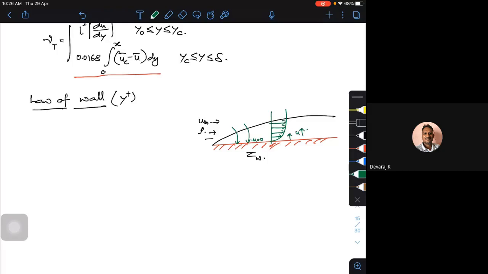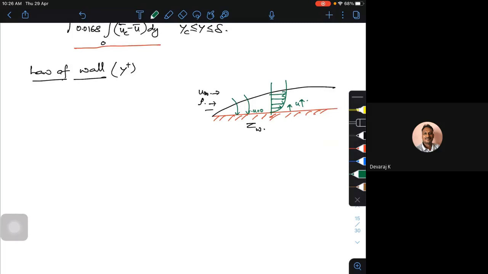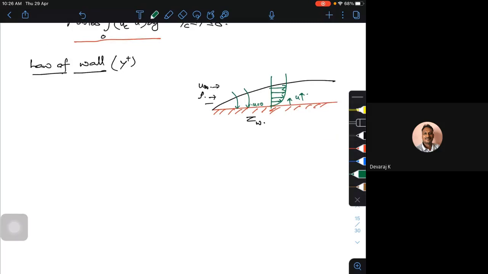Now, if I want to calculate any property values in the turbulent region, I have to look into the mesh. For example, this is a surface, and because it's an approximate, numerical thing, I'm going to have the mesh something like this.